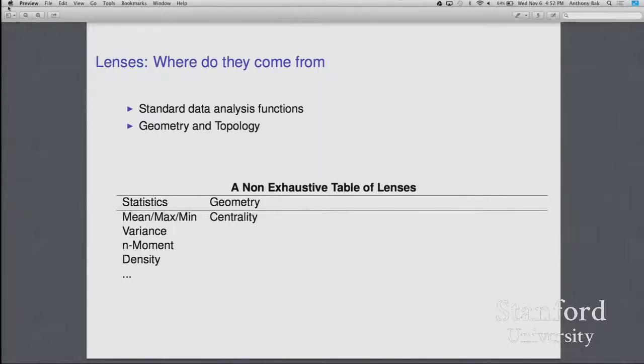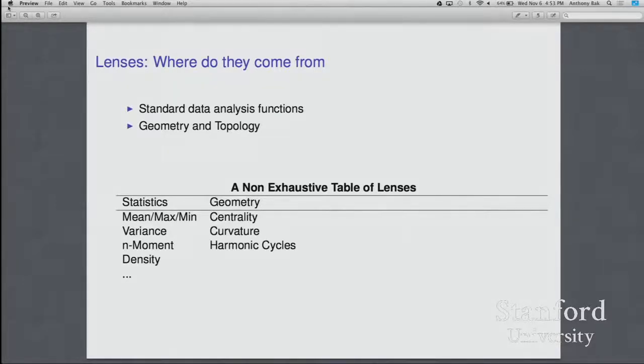It's a good way to look for outliers or anomalous behaviors in your data. And it's not quite distance from the center of mass because we work with abstract metric spaces. So the center of mass is a little tricky, but centrality is a proxy for that. If you have a smooth case, which you never do, but if you did, you could filter by curvature, if you had some notion of local curvature.